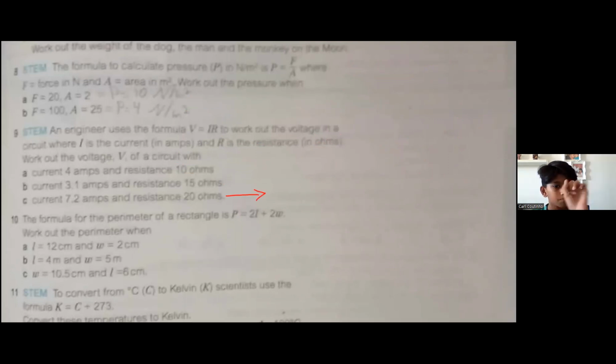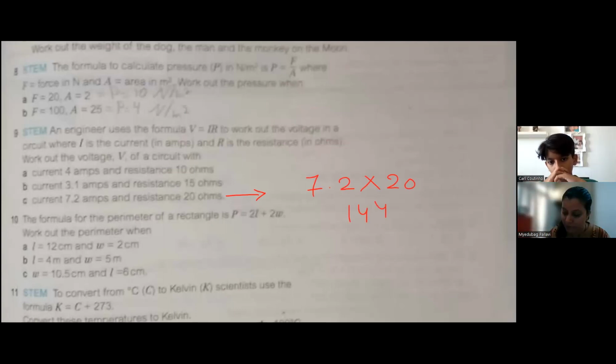Okay, let me see. It will be 7.2 multiplied by 20. Yes, that's correct. It will be 144. Good. Let's see the next one.